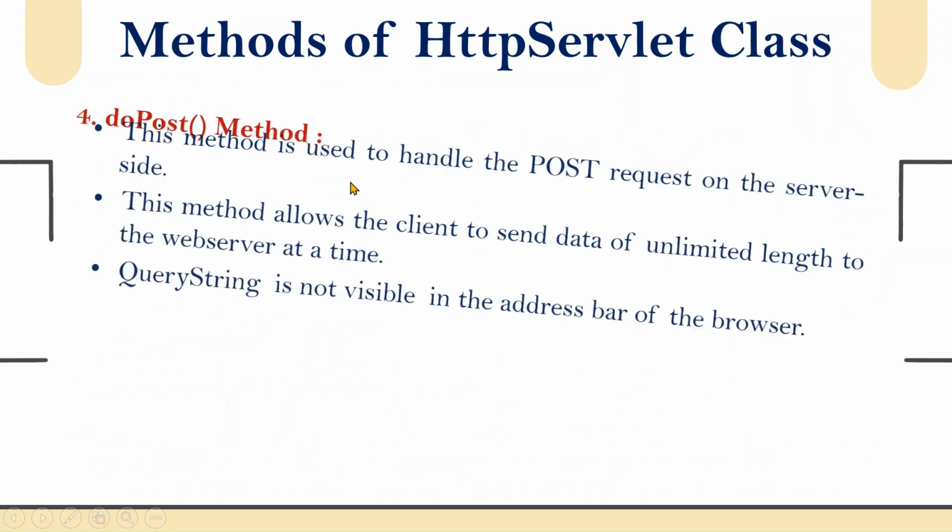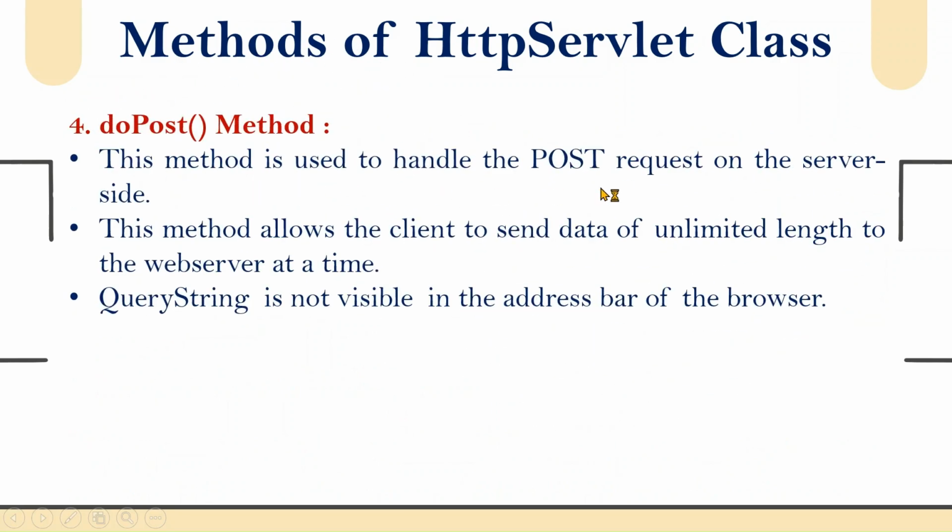Now coming to the next one, the doPost method. This method is used to handle the post request on the server side. It allows the client to send data of unlimited length. With the doGet method, we have seen a restriction of less than 255 characters, but here you can send an unlimited length of request to the web server at any time. The query string is also not visible in the address bar of the browser.